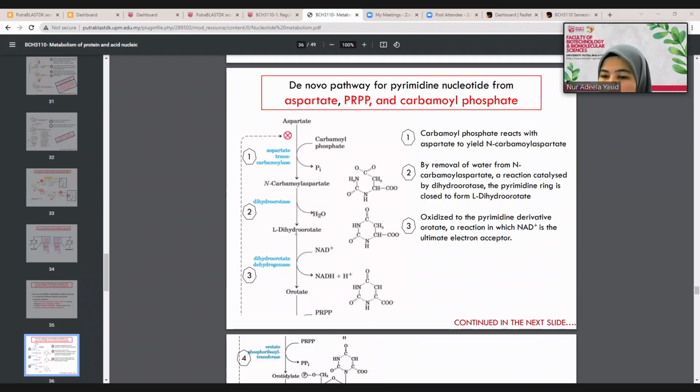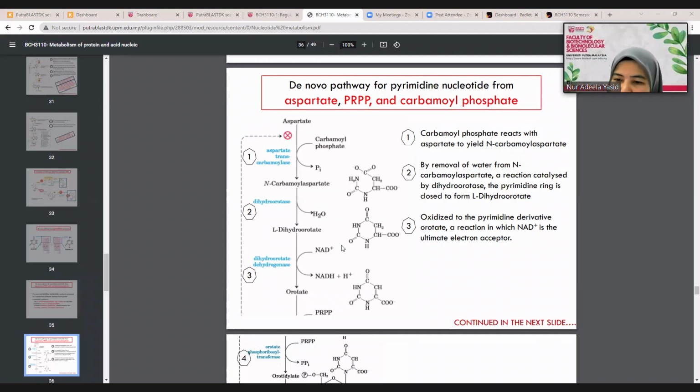This is where the ring is closed, so the pyrimidine ring is closed to form dihydroorotate.